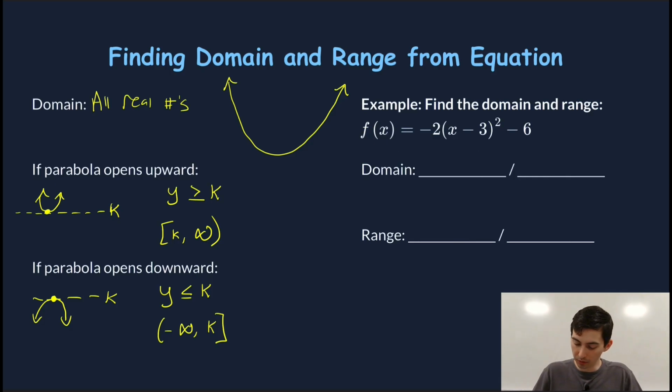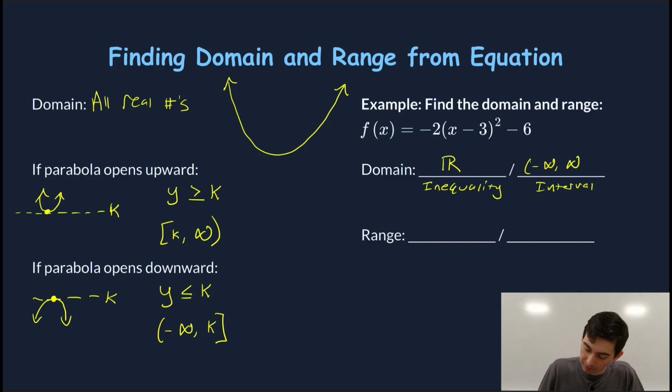What we're going to do is write inequality and interval notation. So for domain, all real numbers, we can write it as this R with an extra line. And my interval notation says negative infinity to positive infinity. Now, again, this graph is negative, so I'm opening downward.